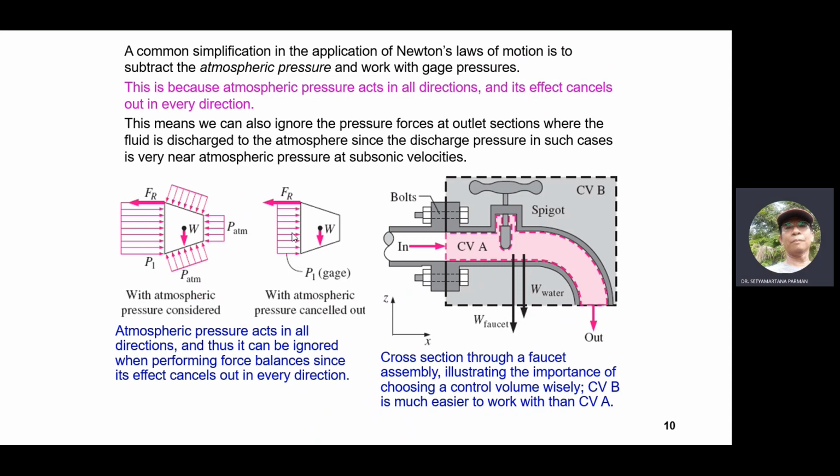While in this figure, we can see the pressure working on the body without atmospheric pressure considered, meaning with atmospheric pressure cancelled out. So only in this part we have the pressure, and this becomes the resultant pressure.